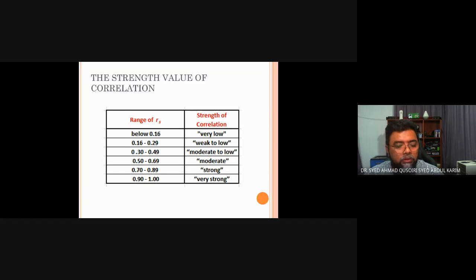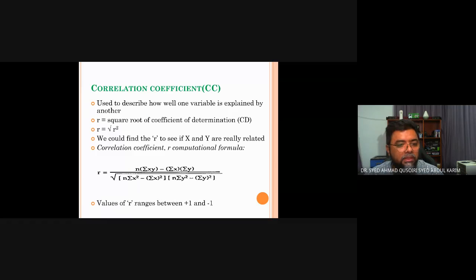this is what we want to identify. The R number or the R square? The R number value ranges between +1 and -1. If the relationship is +1, it means the relationship between those two variables is perfectly positive.